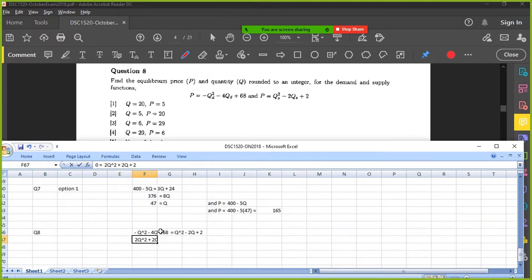Then I've got plus 68. If it goes that side, it becomes minus 68. So minus 68 plus 2 is minus 66. Can I simplify that? Yes, I can take out a 2. If I divide everything by 2, that 2 disappears, and that becomes 33.